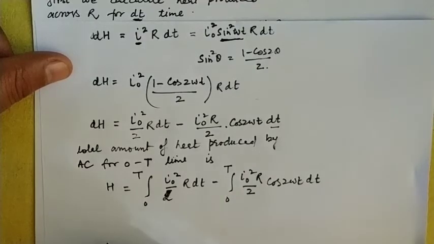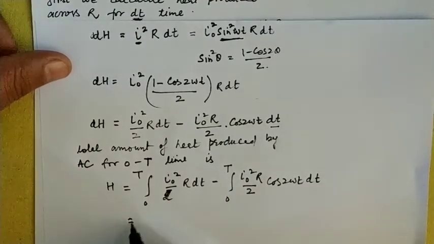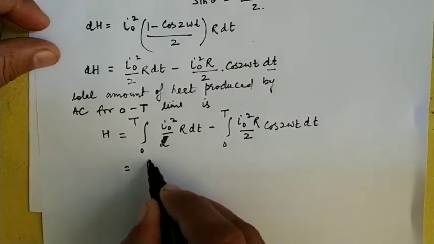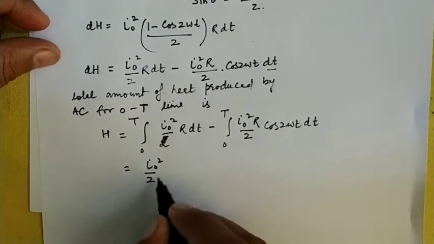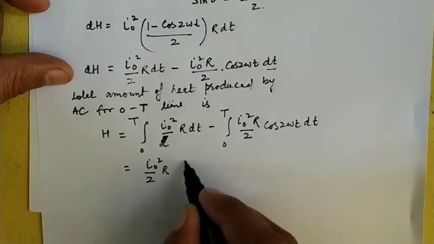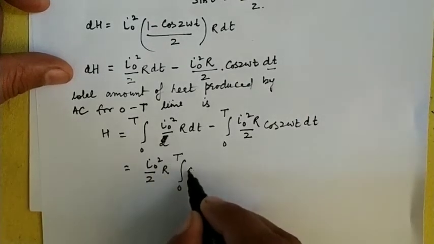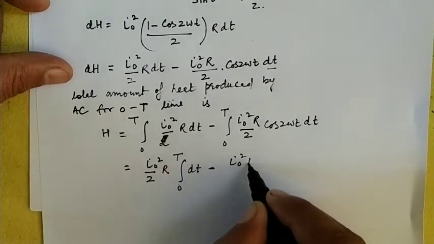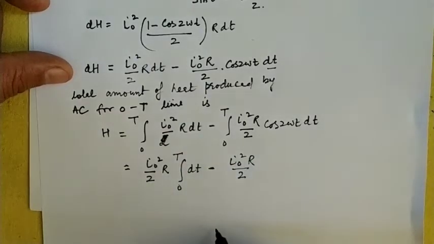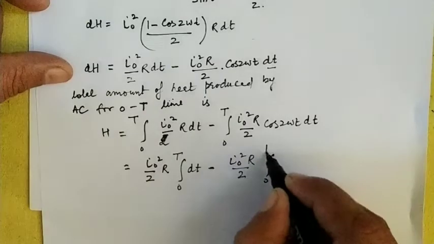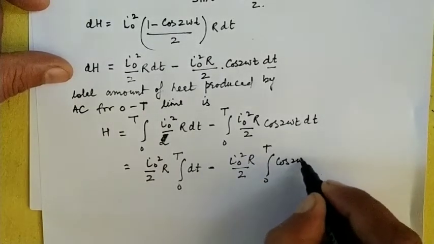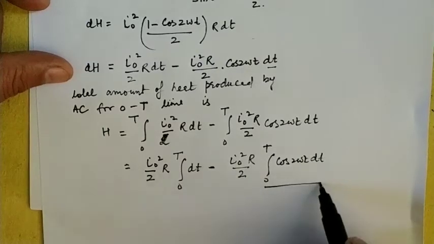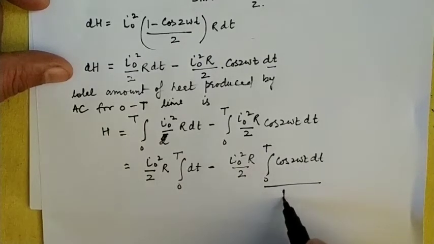Now integrating this one, we get I naught square divided by 2 into R, which is constant, times the integral from 0 to capital T of dt, minus here also the constant I naught square R divided by 2, so we are left with only the integral from 0 to T of cos of 2 omega t dt.